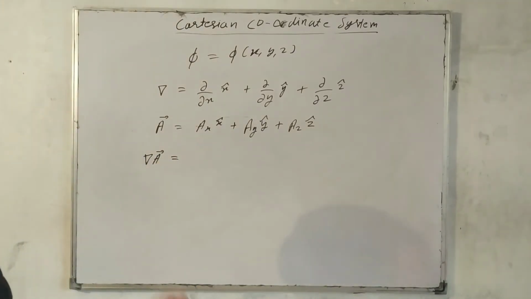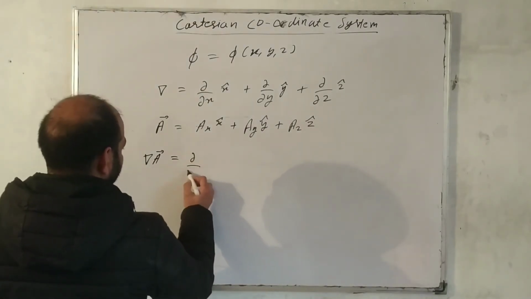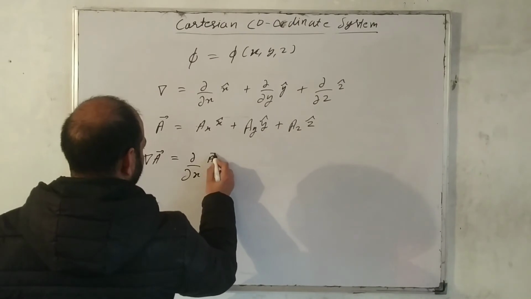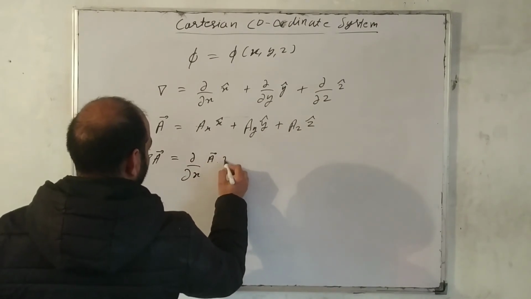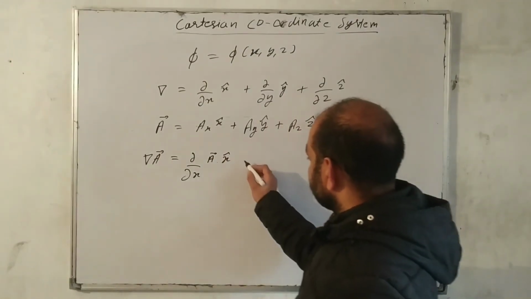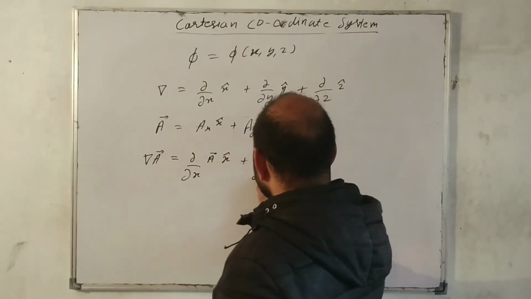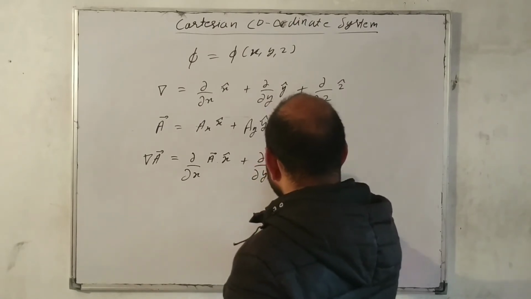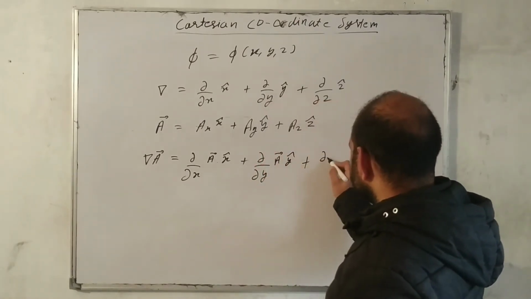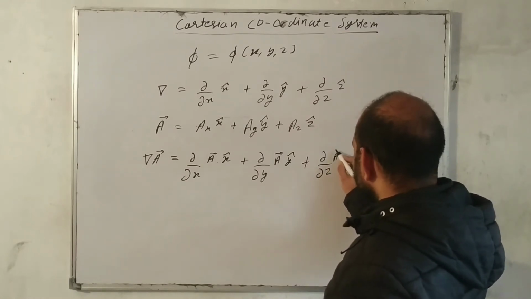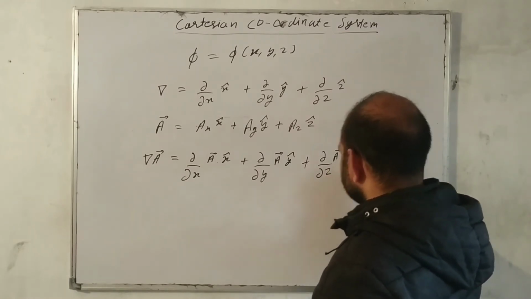So how will we do it? ∂/∂x of A vector x cap plus ∂/∂y of A vector y cap plus ∂/∂z of A vector along z cap.